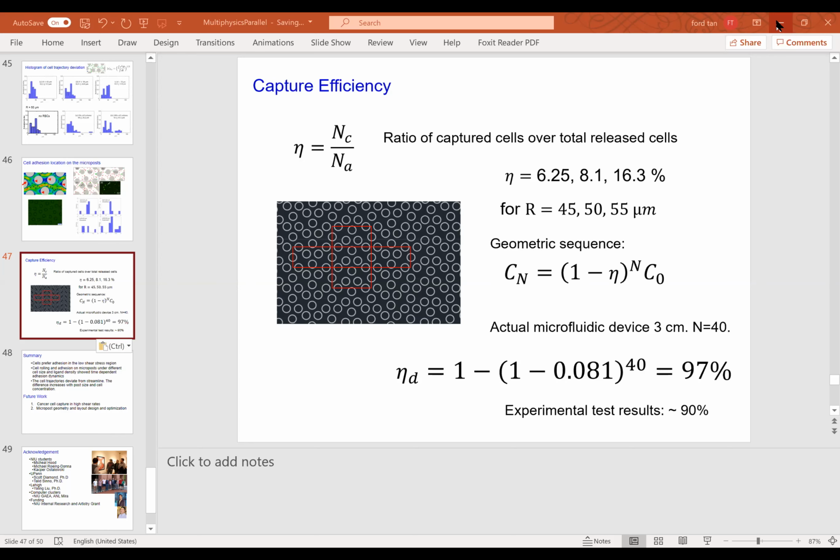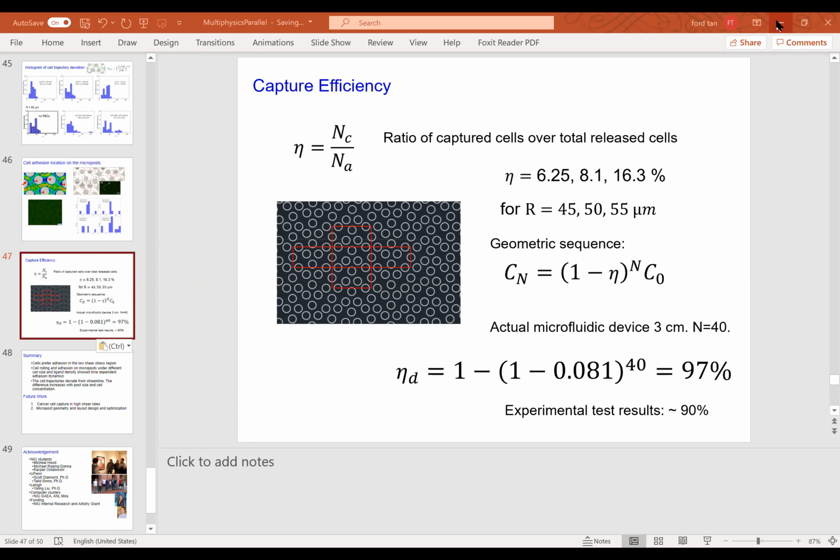However, in my assumption, I just assume the capture efficiency is the same for each single unit, so that I can use this geometric sequence. You're right, it's hard to make a direct comparison, but we tried our best.